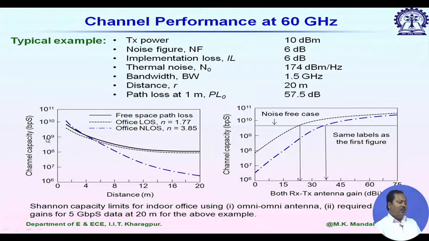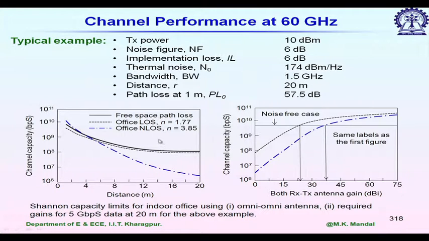Now, let us see how the channel capacity varies with distance for this given specification. This black solid line represents the free space path loss according to the Friis equation. We see that if I increase the distance, the noise power does not change but the receive power decreases, so accordingly the channel capacity decreases. At 20 meter it is somewhere between 10 to the power 8 and 10 to the power 9 bit per second, even though the bandwidth is 1.5 gigahertz.